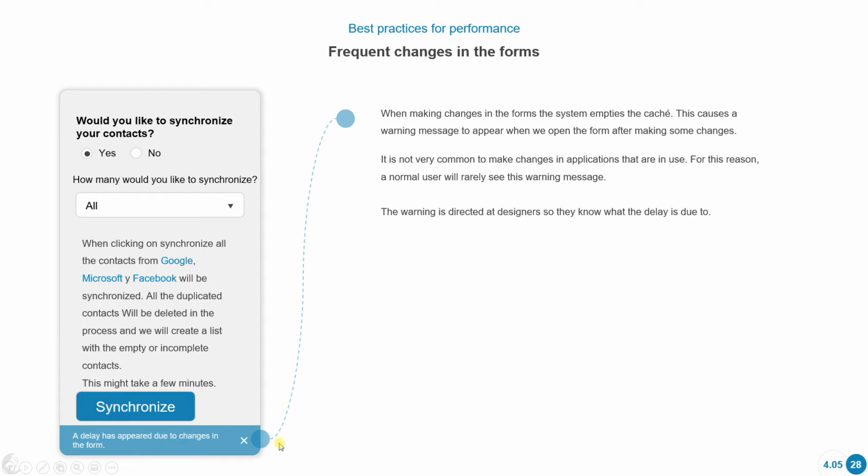When we want to see the performance of our forms, we're going to see that occasionally in certain scenarios, our forms are taking longer to load. And this is due, maybe, to changes that we've done in the form, or maybe we're updating the server or things like that. But anyway, we'll get to that later.